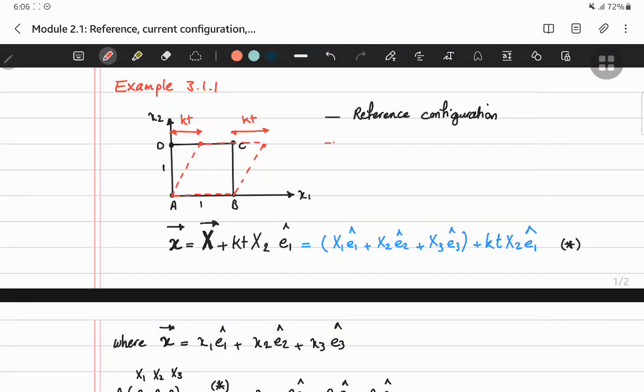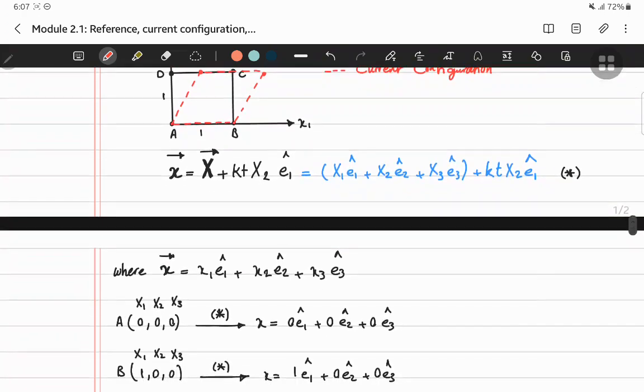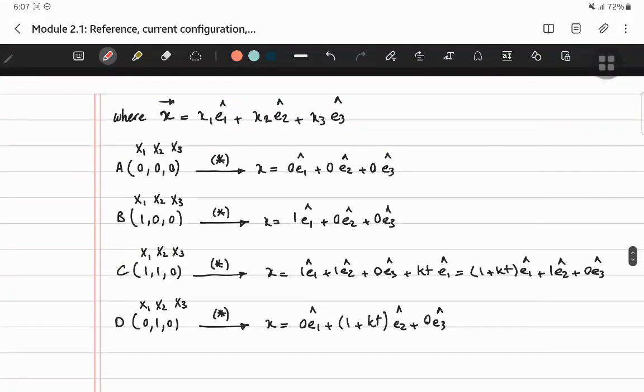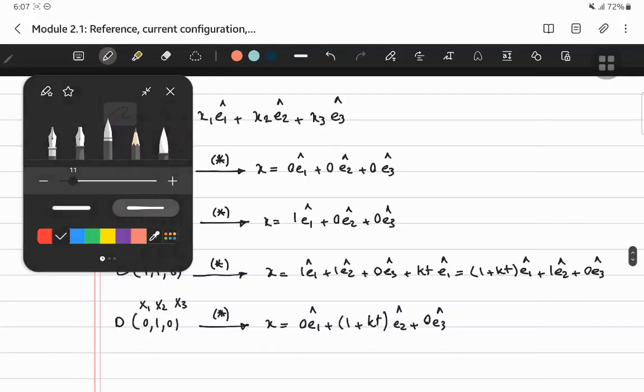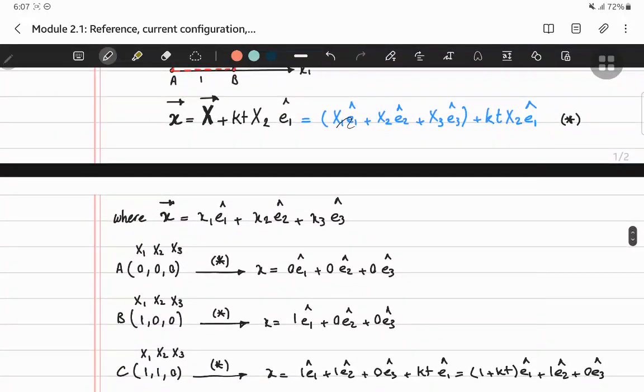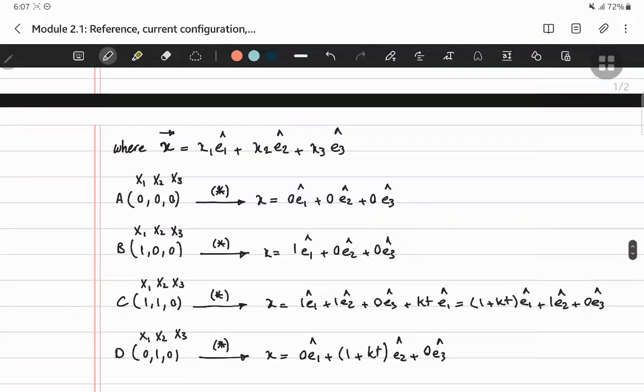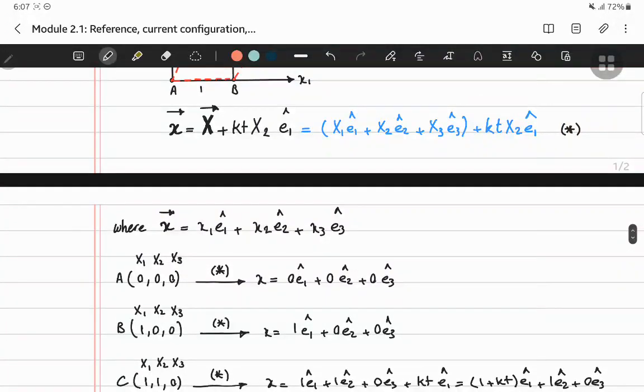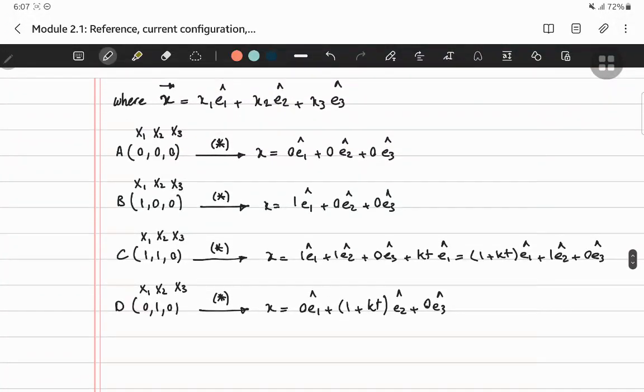This is what we call the current configuration, which I guess I made a mistake here. We have 0 here, E1, and this kt is for this one, not for this one.